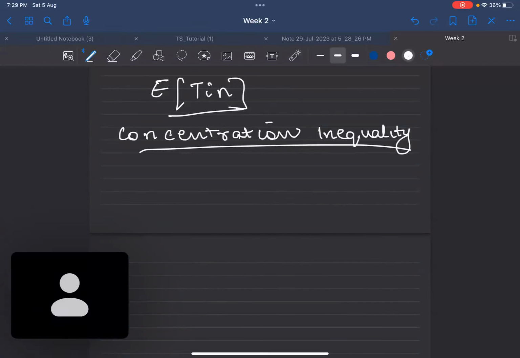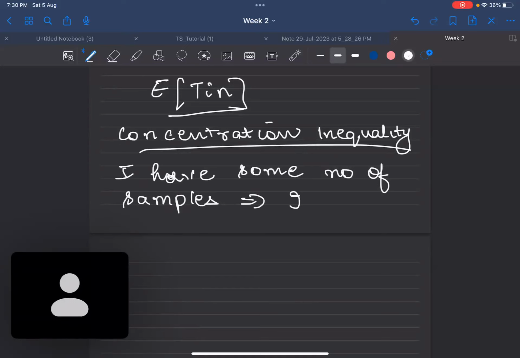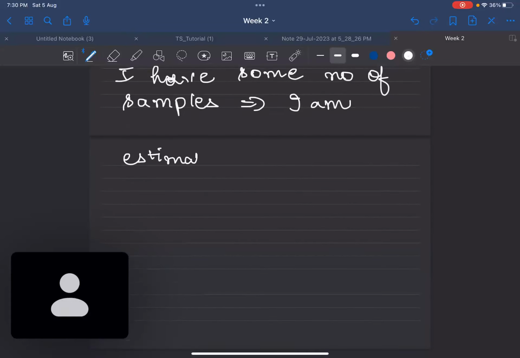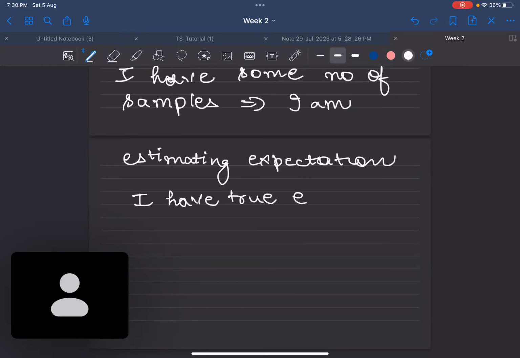I'll write it. What I'm saying is I have some number of samples. Now I'm estimating the expectation. And on the other hand, I have the true expectation as well, which is a true value.